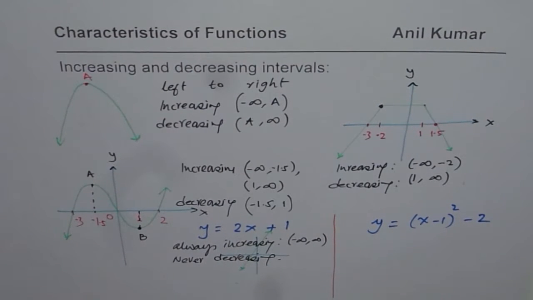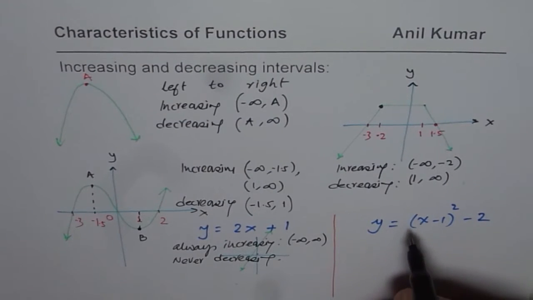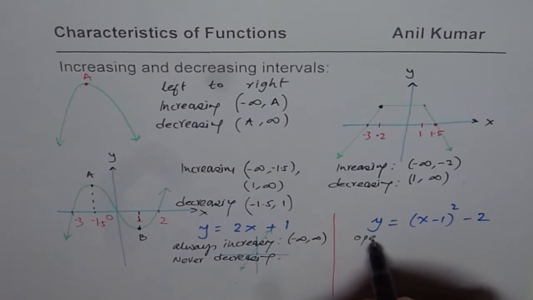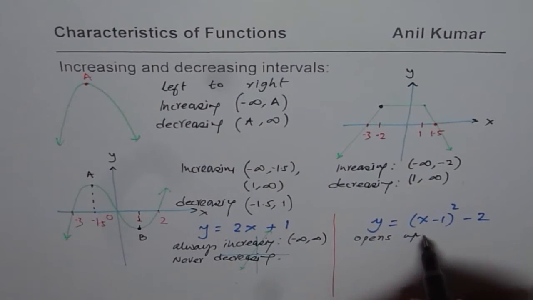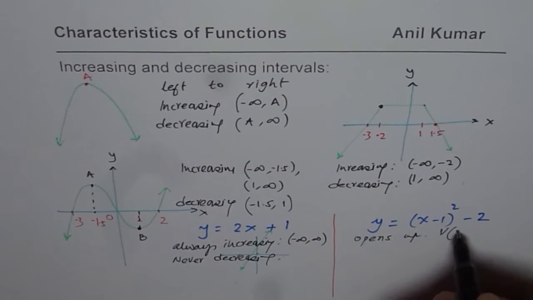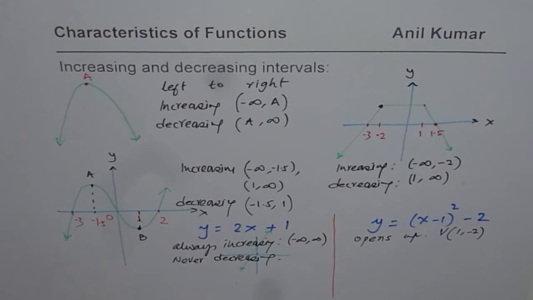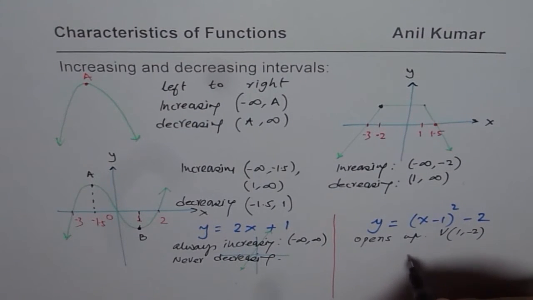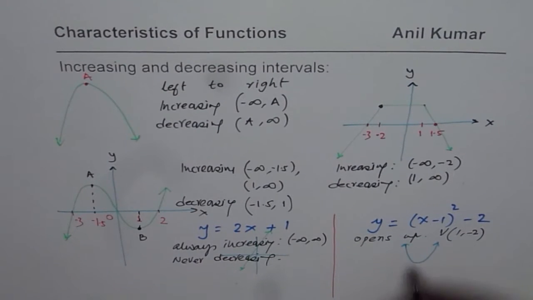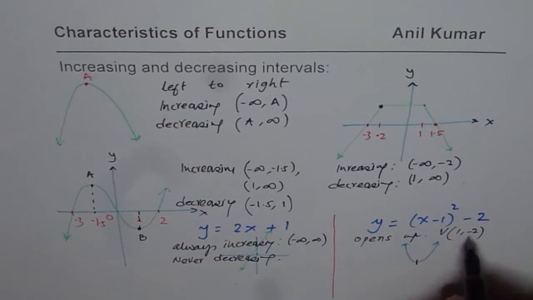How about the other one, where the equation is y equals (x minus 1) whole squared minus 2. You can see from here, this is a parabola which opens up, right? And the vertex is at (1, minus 2), right? So you could think about making a rough sketch like this, with the vertex here at (1, minus 2).